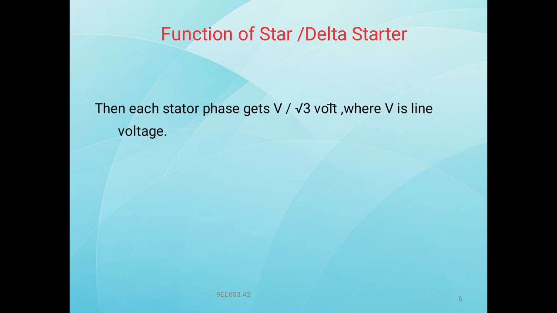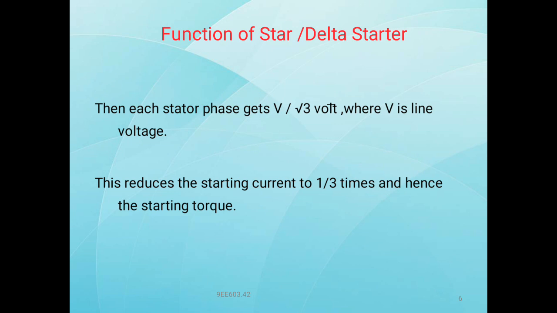Each stator phase gets V by root 3 volts, where V is line voltage.